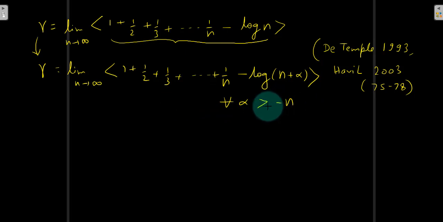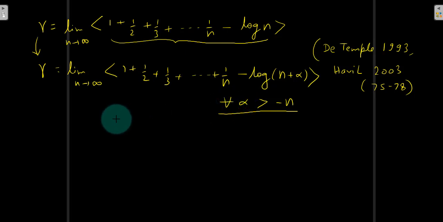So this sequence depends upon the choice of alpha, but for any such alpha the sequence is convergent, and the limit will be the same for every alpha.